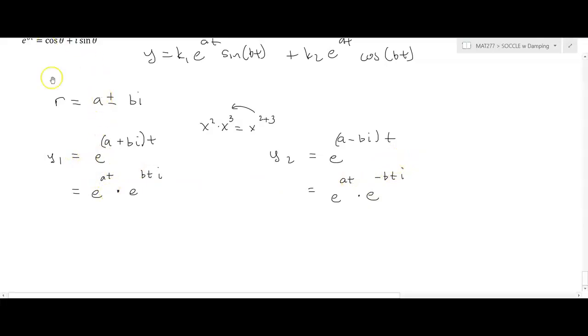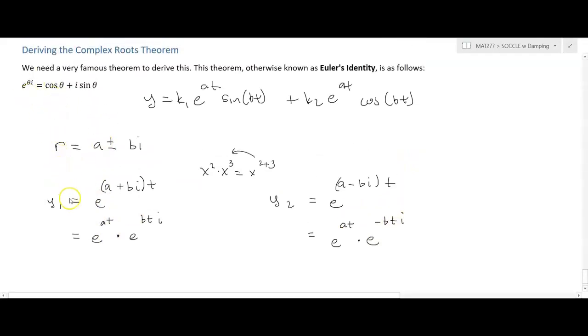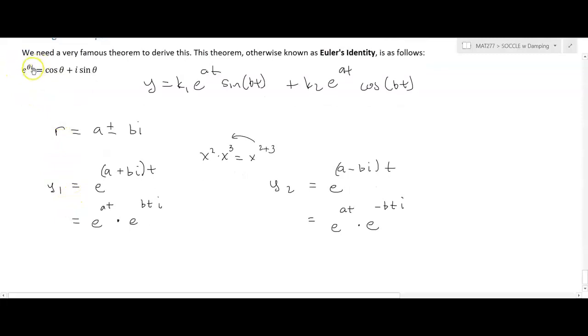And so if we trust Euler on this famous identity, then e to the theta i, this bt is like our theta. If we apply this identity to just this second factor here, we're going to have e to the at times, and again our theta is this bt, so that whole thing will expand into cosine of bt, and you can see where that cosine and sine of bt are coming from, plus i times sine of bt.